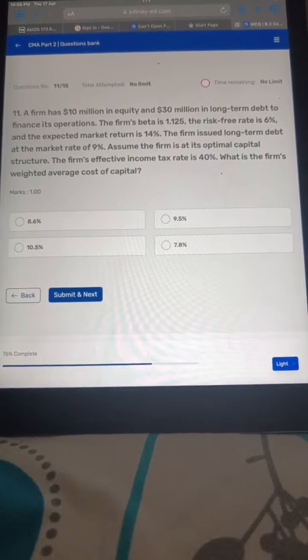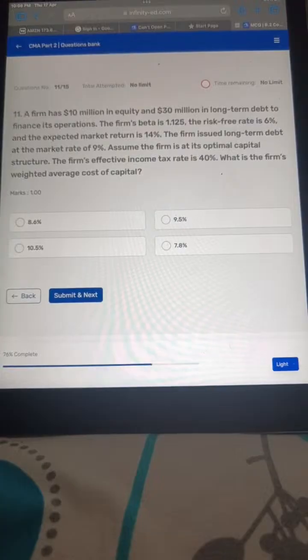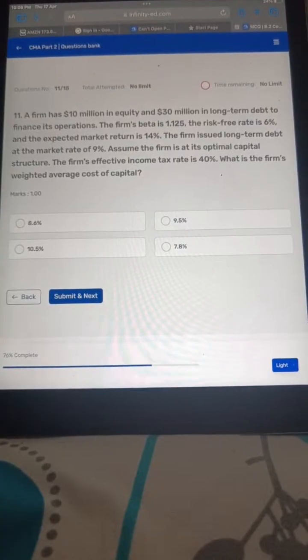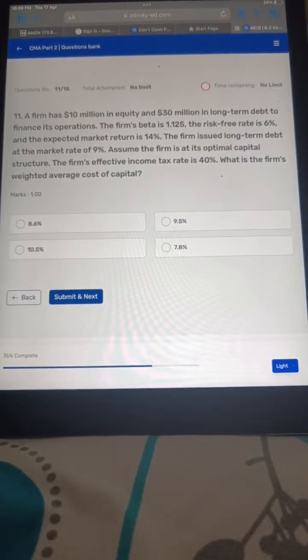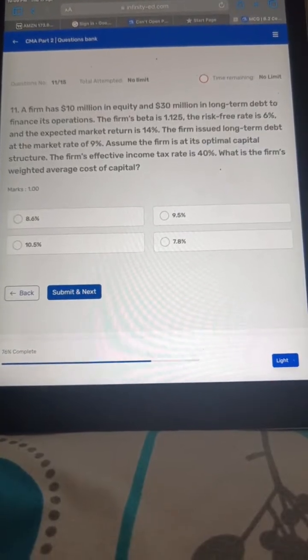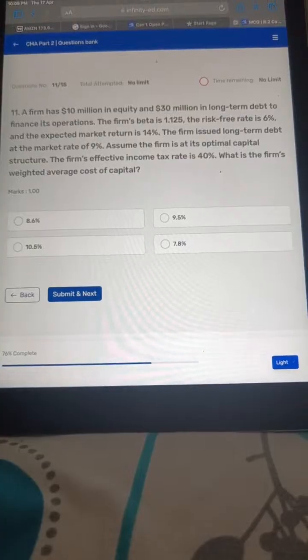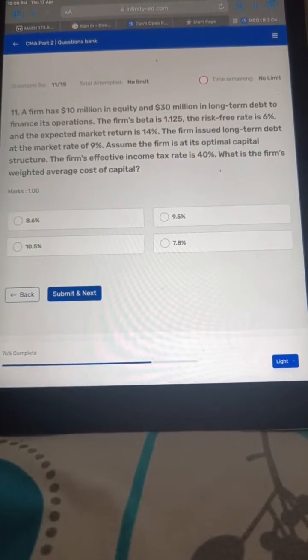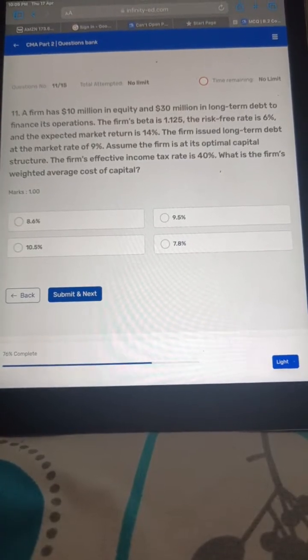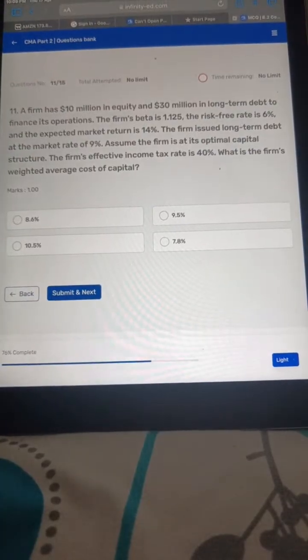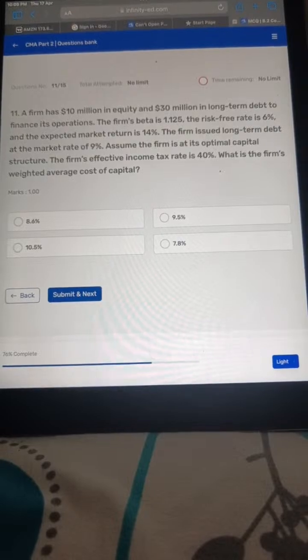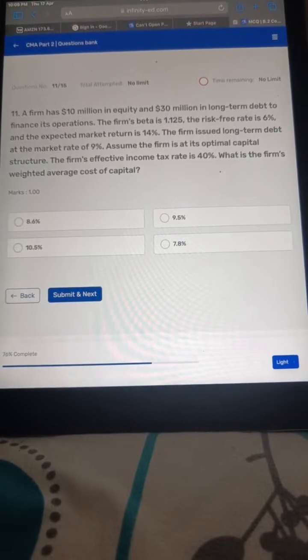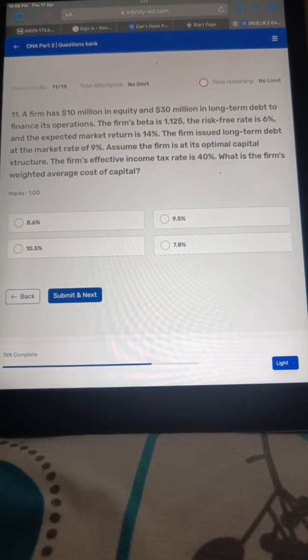It comes to 8%, and multiplied by 1.125 comes to 9, plus risk-free 6, and it comes to 15% as the required rate of return. We already have the 9% as a cost of debt, and this is before tax. After tax, 9 times 0.6 comes to 5.4% cost of debt.